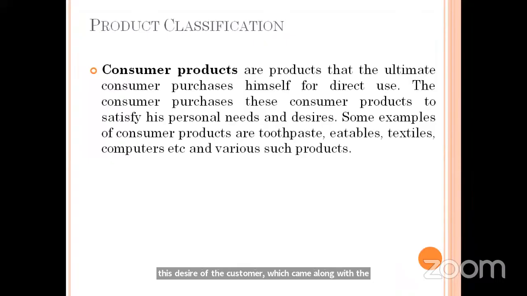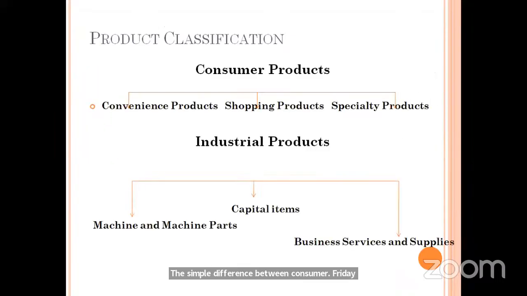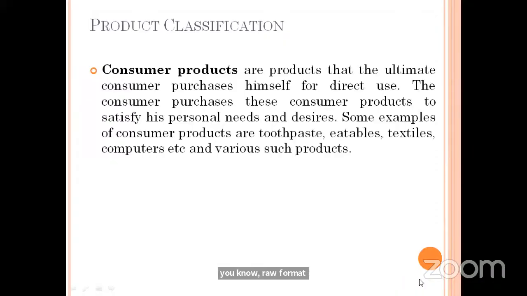The simple difference between consumer product and industrial product is that industrial products sometimes come in raw form, whereas consumer products always come as a fully finished product. You understood? As a consumer, you can buy it directly from the market. But industrial products sometimes come in raw format. So that is what is called consumer product.